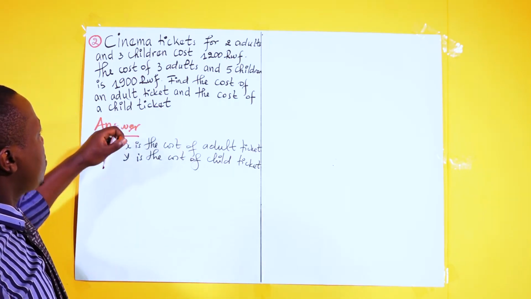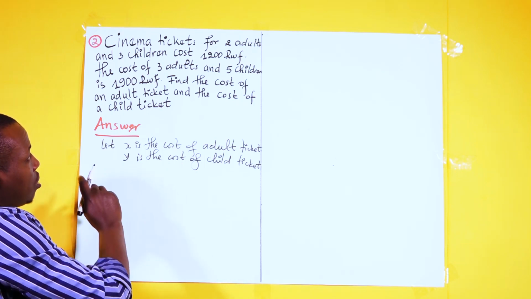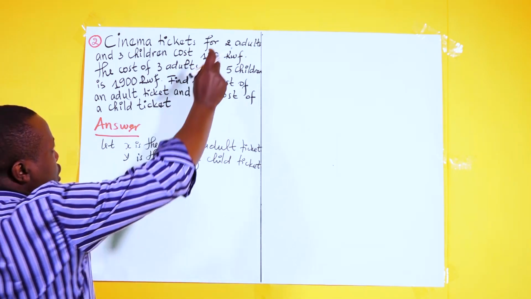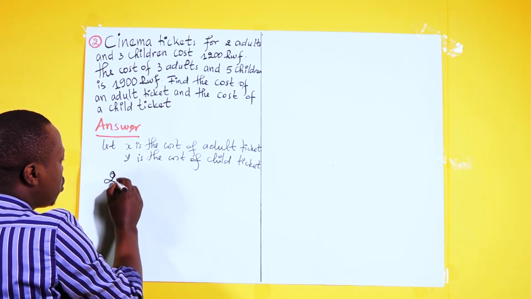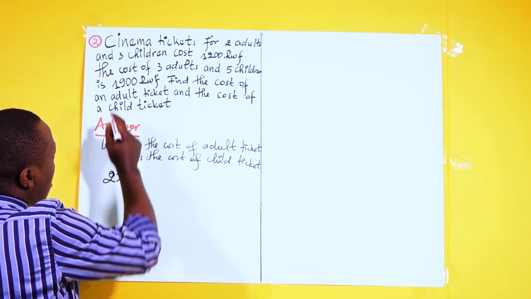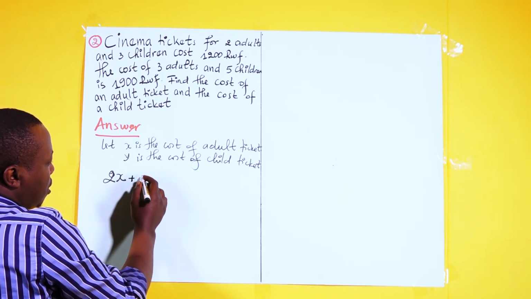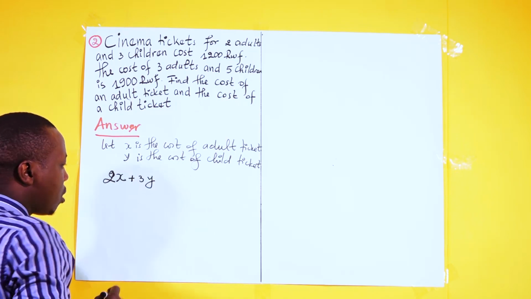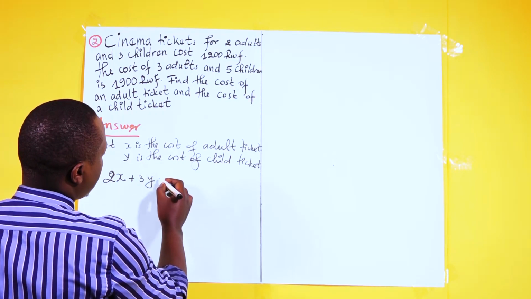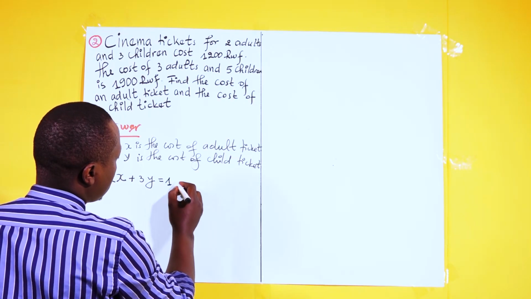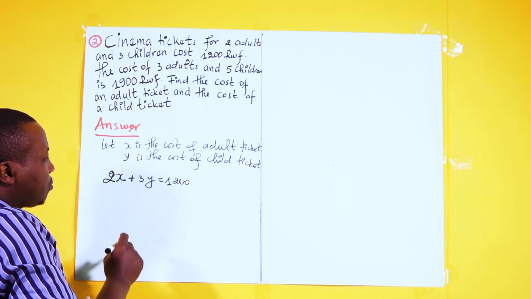Let's form a system of linear equations by saying two adults means 2x, and 3 children cost 3y, because y stands for the cost of a child. The answer here is equal to 1,200, right?